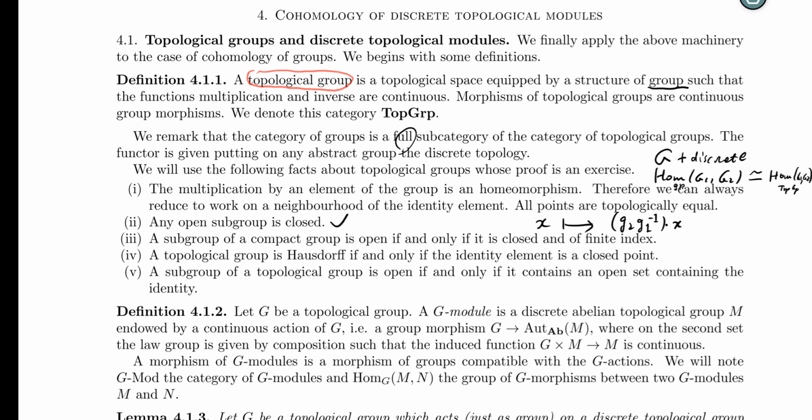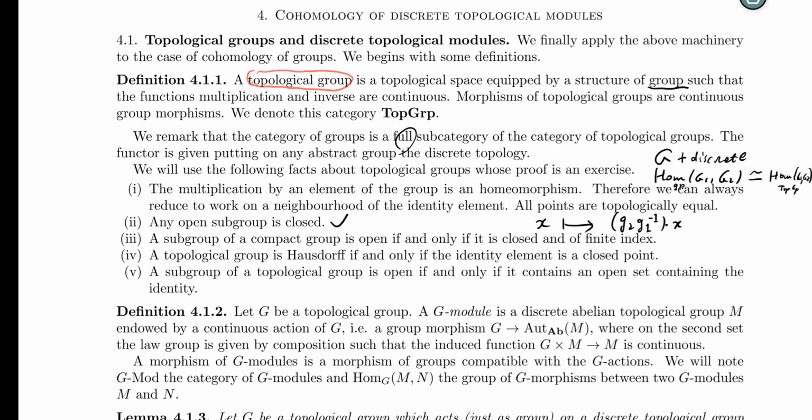So at the beginning I said something wrong. It's just because you start with an open subgroup, you write the whole space as the union of the cosets of this subgroup.